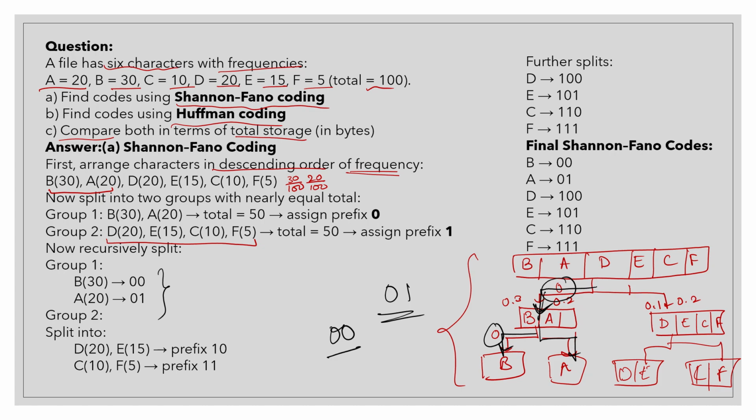Similarly, here you move 1 for D, then 0 for this part, and then 0 again. So D becomes 1 0 0. E becomes 1 0 1. Similarly C and F. So these are your codes.